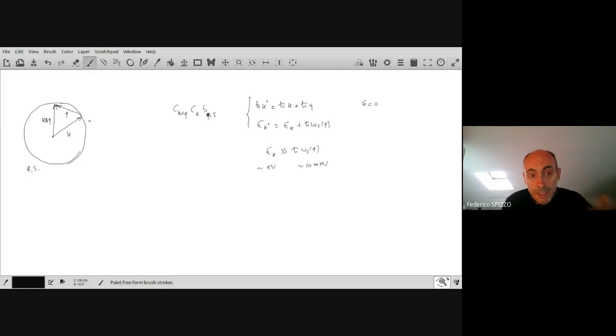So the consequence of that is that if you start from an electron here close to the Fermi surface, then the final state will have to be again on the Fermi surface, maybe in another point like this one here, but always very close to the Fermi surface.